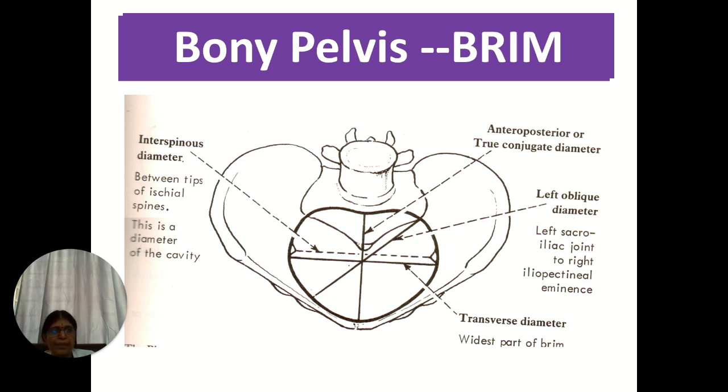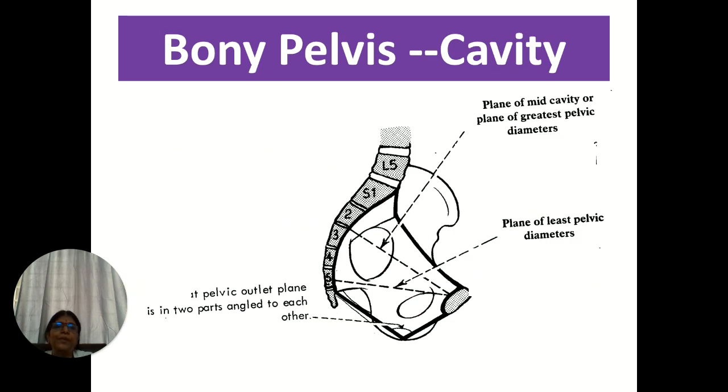This is also called the curve of Carus. The curve of Carus is downwards and backwards, then downwards and forwards, whereas the fetus does not take this path. It takes downwards and backwards till the ischial spines, and from there it is downwards and forwards. So far we have talked about the brim of the pelvis. Now we will talk about the plane of the cavity of the pelvis.